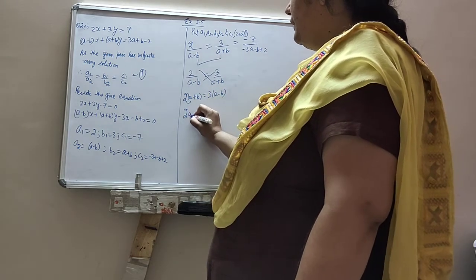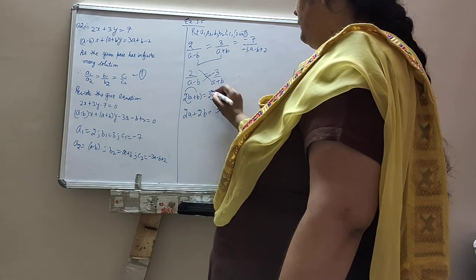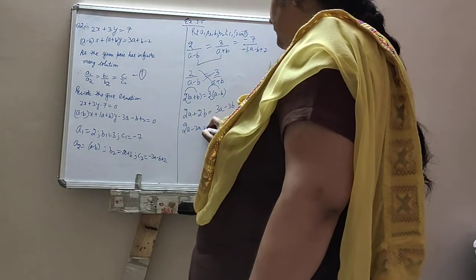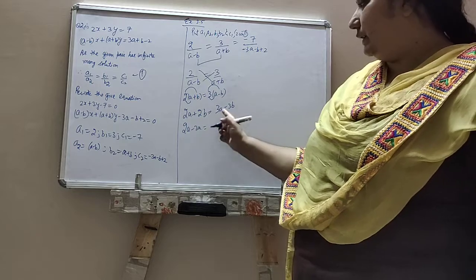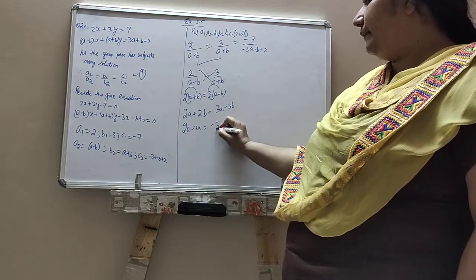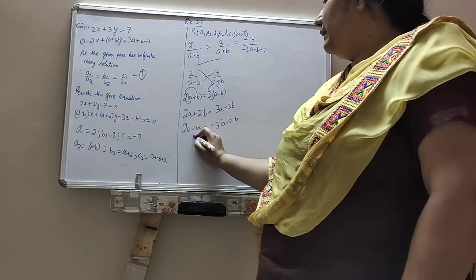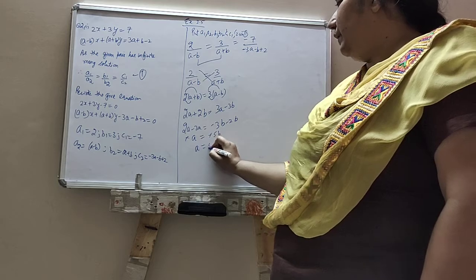It is 2a plus 2b, 3a minus 3b. 2a minus 3a. Beta, I am combining the like terms by shifting the terms. So here it is minus 3a. It is already minus 3b. Going to shift it. So minus a is equal to minus 5b. So a is equal to 5b.